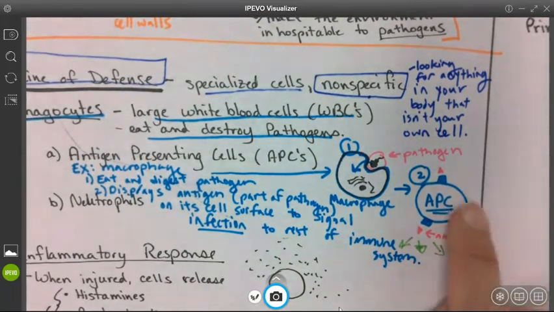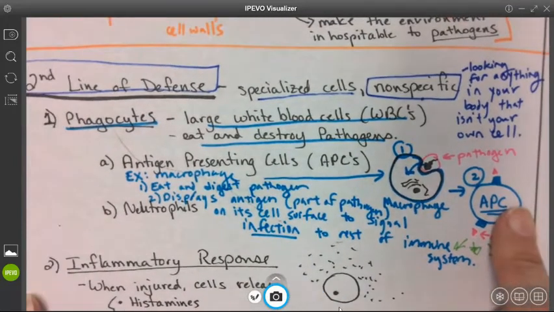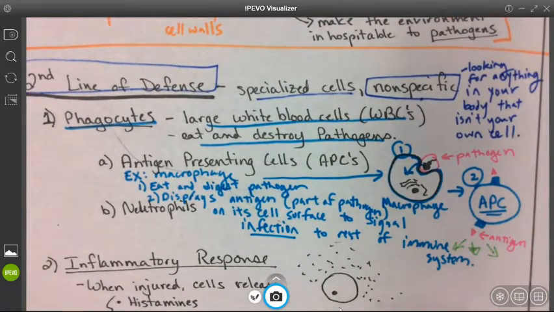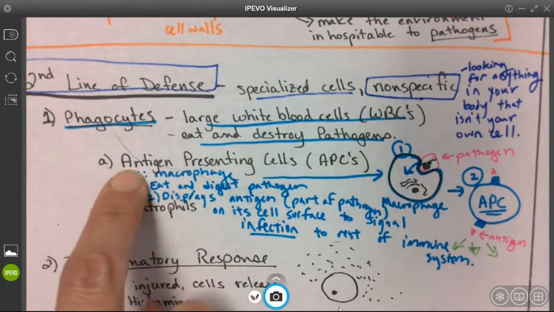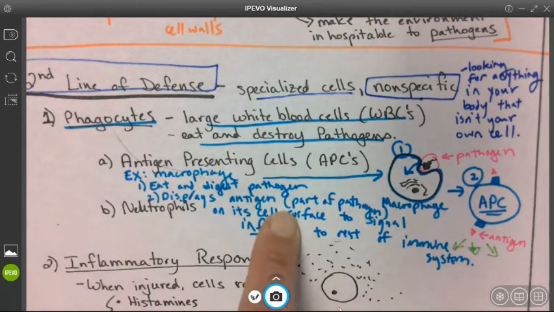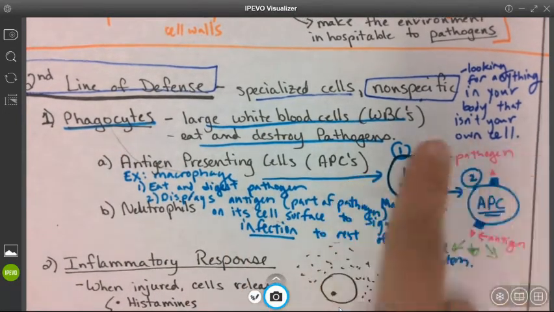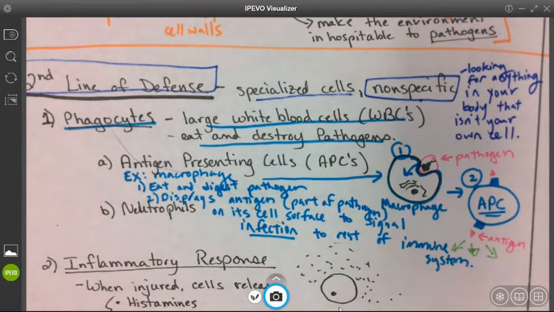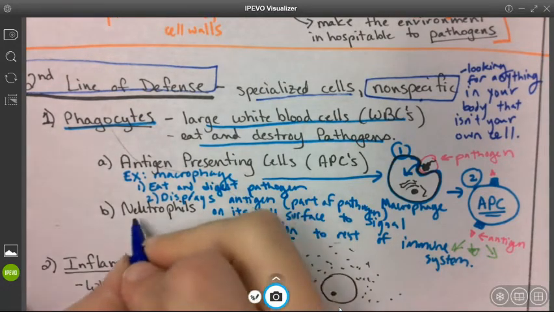So this cell is going to be important later. Right now, it's just important because it's destroying pathogens. Some phagocytes are antigen-presenting cells, like macrophages. They are activating the rest of the immune system. But I would say most of the phagocytes are actually in this neutrophil category.